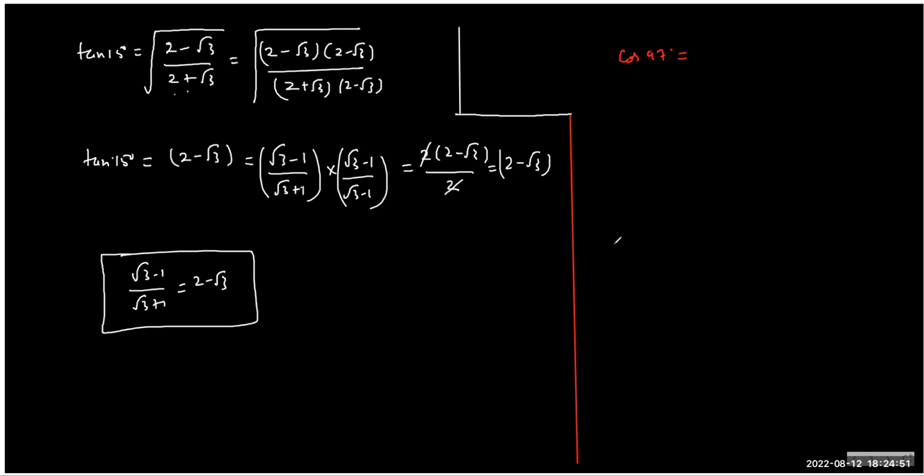Very good. So you can write it as cos of 60 plus 37. Then you can get the answer for sure. The next step is using the a plus b formula, which you can write and get the answer. Anyway, I'm leaving this part. I hope you can do it.